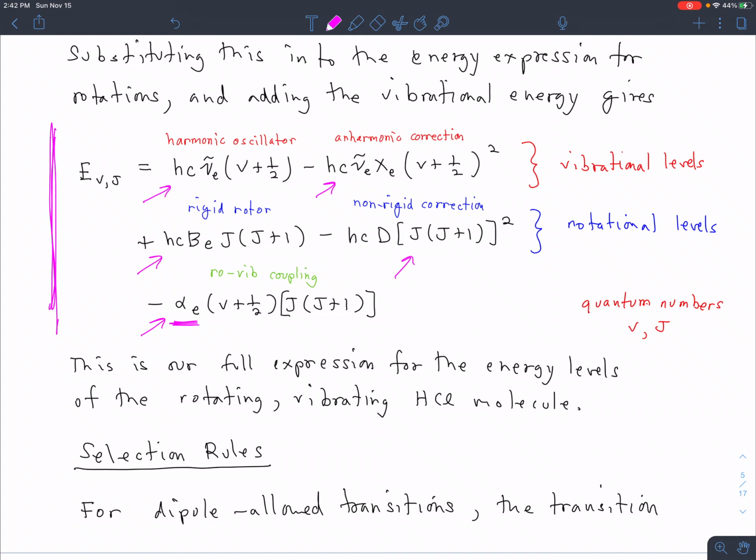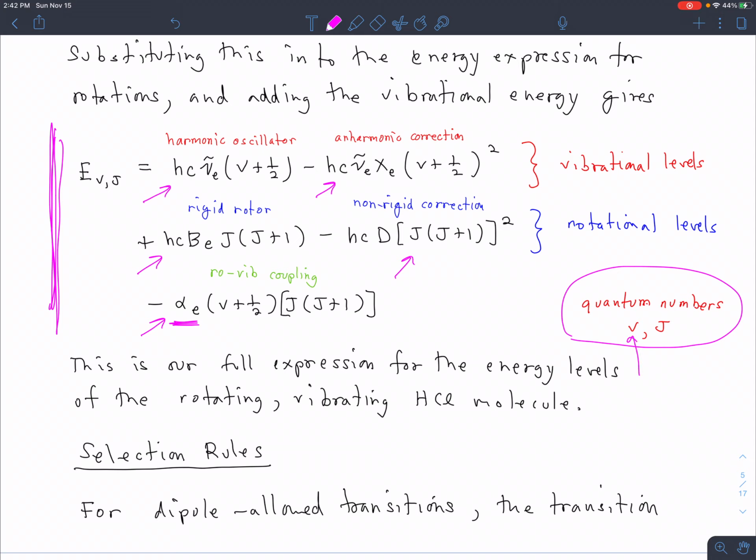So that's our full expression, fairly complicated now, that gives the energy of each level in terms of two quantum numbers, just two quantum numbers, 5 terms, but just two quantum numbers.